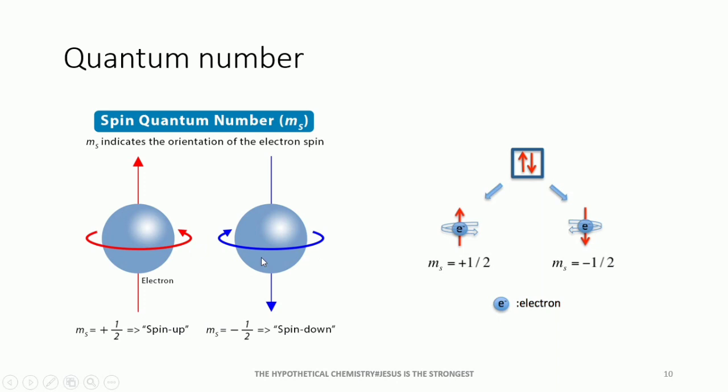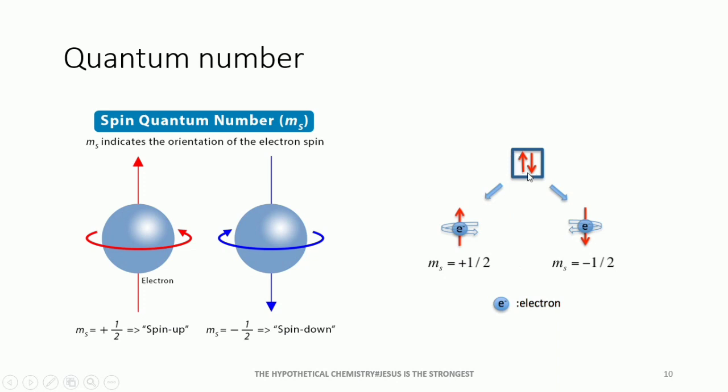This is a magnified image of that. So we have an electron here, we have another electron here. This one is spinning upward, clockwise, spin up. Then we can see the spin down anti-clockwise here, positive, negative.